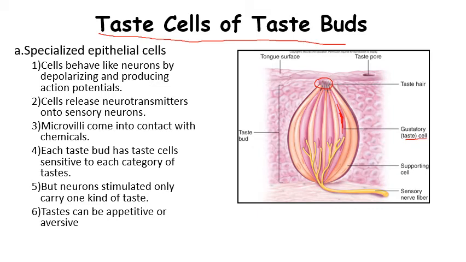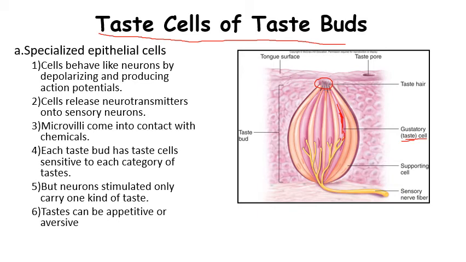Once there's enough depolarization, these gustatory cells release neurotransmitter to the sensory neurons, and that will stimulate the sensory neuron. If there's enough excitatory input, that will induce an action potential and start the signaling that goes out to the brain to give perception of the taste.